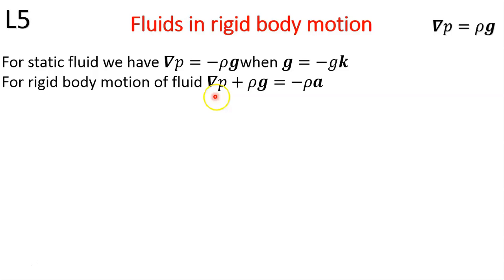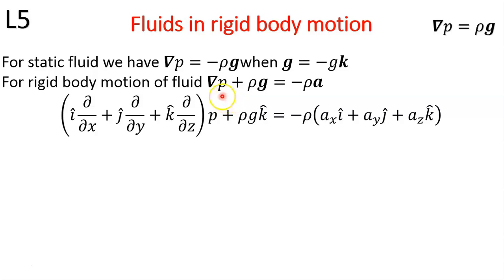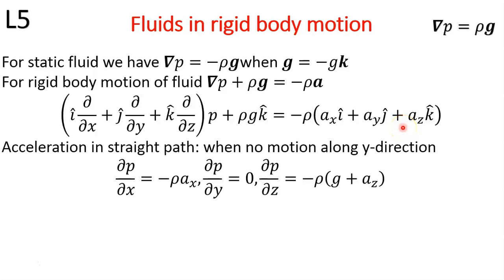So the hydrostatic equation takes this form, and if we explicitly write the del bar operator, that is the gradient operator, we have i cap times partial derivative with respect to x plus j cap times partial derivative with respect to y plus k cap times partial derivative with respect to z, operated on pressure, plus rho g k cap, that is equal to minus rho into ax, the x component of acceleration, into the unit vector along the i direction, and so on for the y component and z component of acceleration.